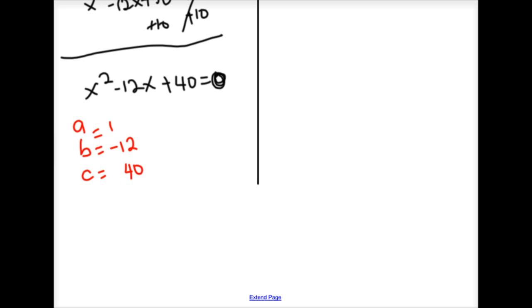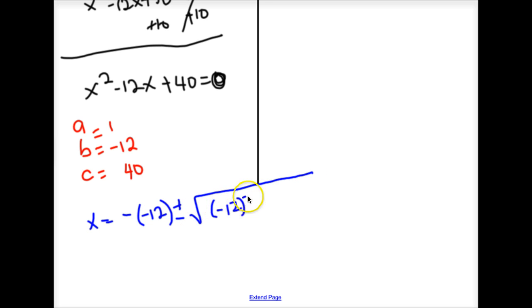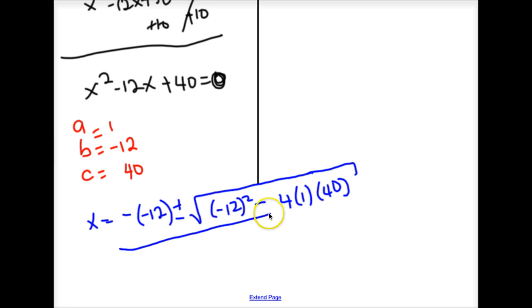So I want to use my quadratic formula now, which is x is equal to minus b plus or minus the square root of b squared minus 4ac over 2, not a, my a is actually 1 now, over 2 times 1.